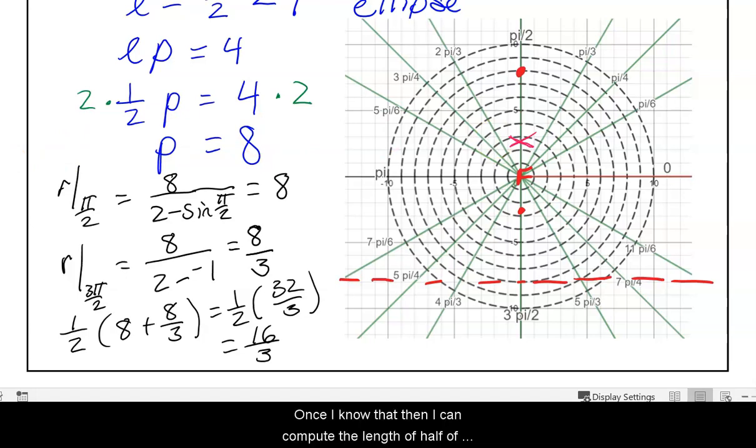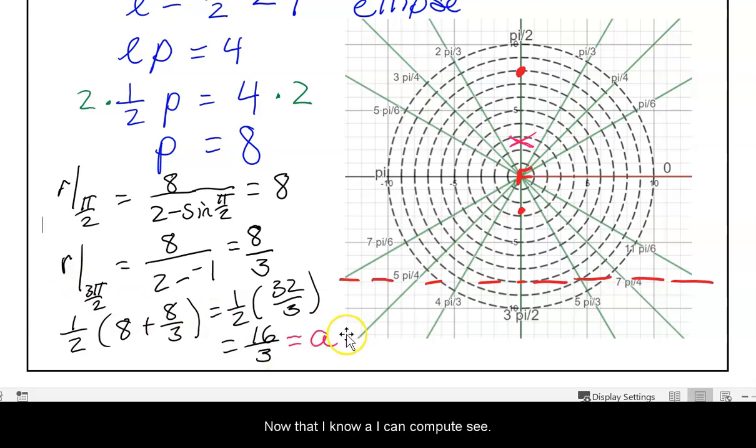Once I know that, then I can compute the length of half of that major axis, which is A. This would be the distance between the 8 and this, which of course is simply the 16/3. This represents A. Now that I know A, I can compute C. C is the distance from the focus, of course, to the center.